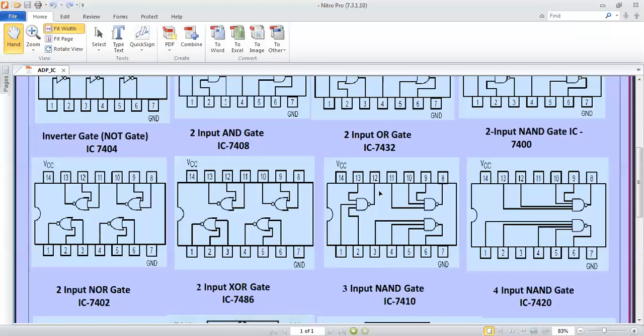Same way, 4 5 and 3 are input pins, and 6 number is output pin. Same way, 9 10 11 number are input pins and output pin is 8 number. 14 number is plus 5 VCC and ground is 7 number pin.